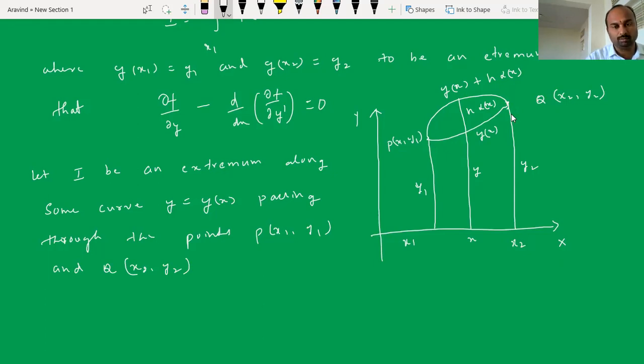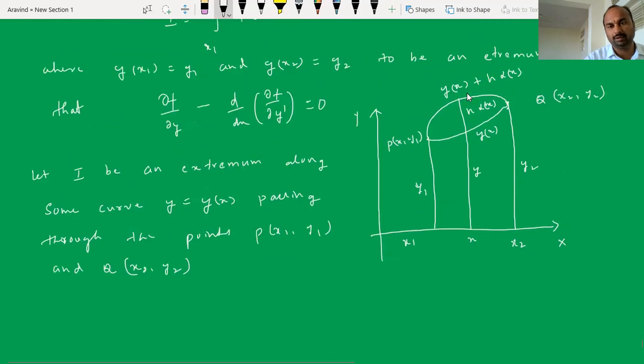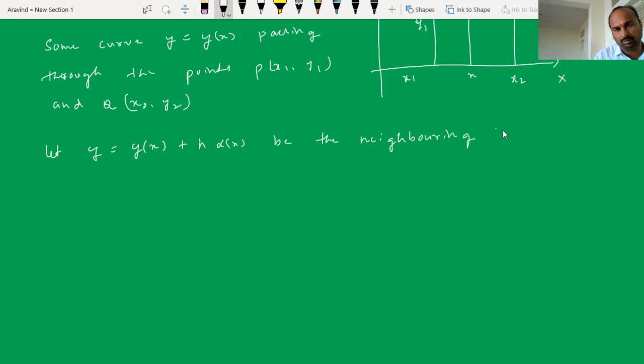Let us consider one more curve, y = y(x) + h α(x), be the neighboring curve joining these points.